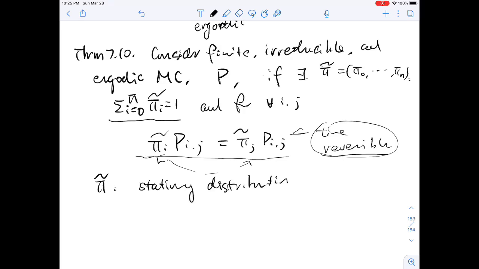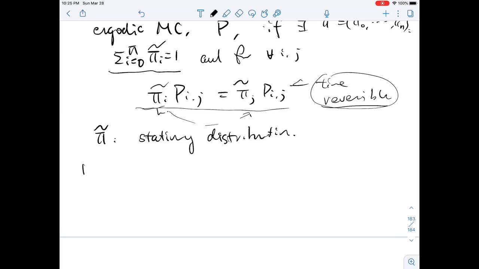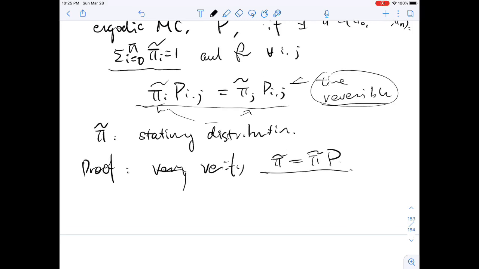The way we are going to prove that is we really just need to verify that pi tilde equals pi tilde P. This is all we need to do.